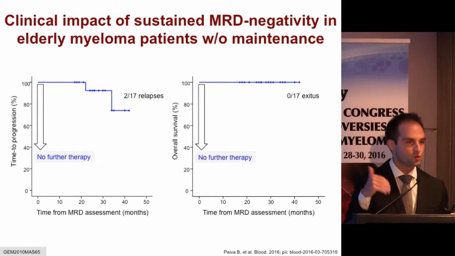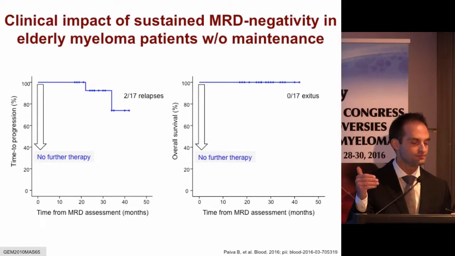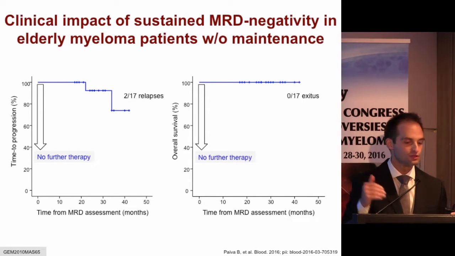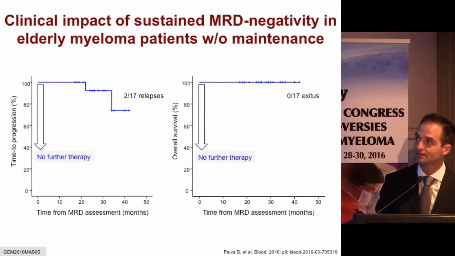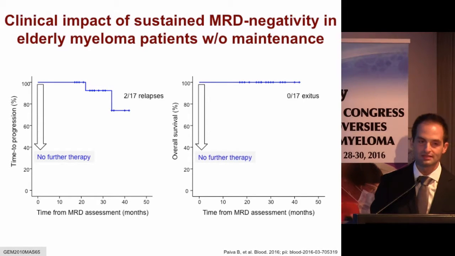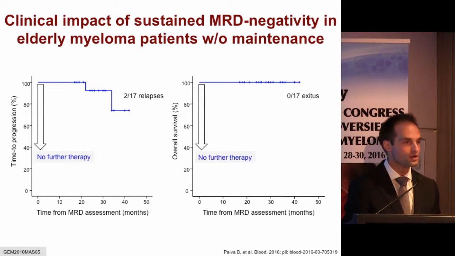One is sequential MRD monitoring. In other words, the clinical impact of sustained MRD negativity, which is here illustrated in elderly patients even without further therapy after the moment of MRD assessment. This would be one approach.